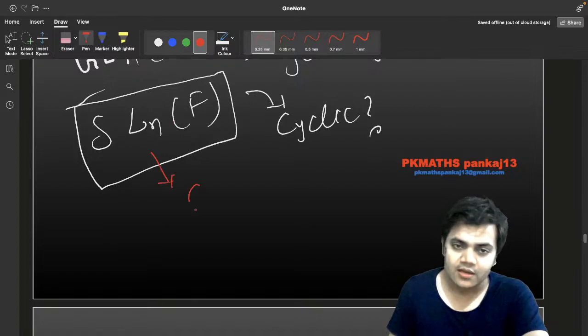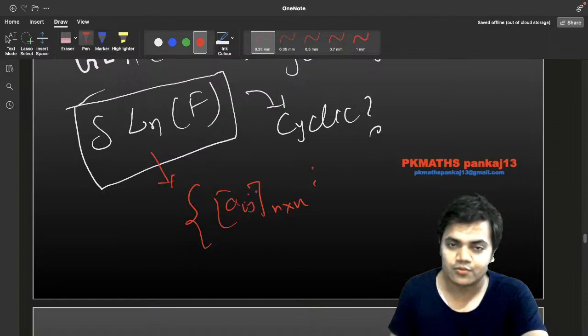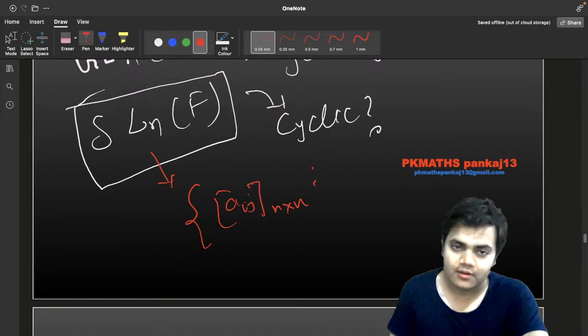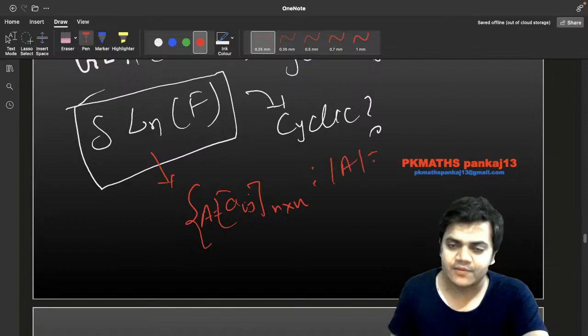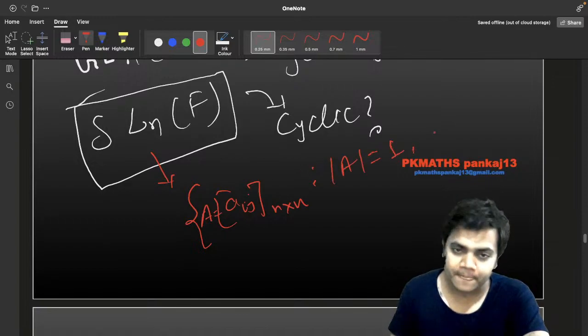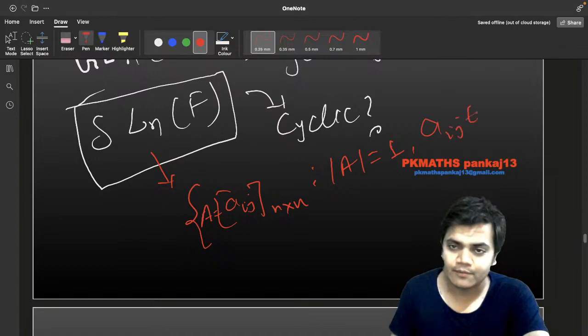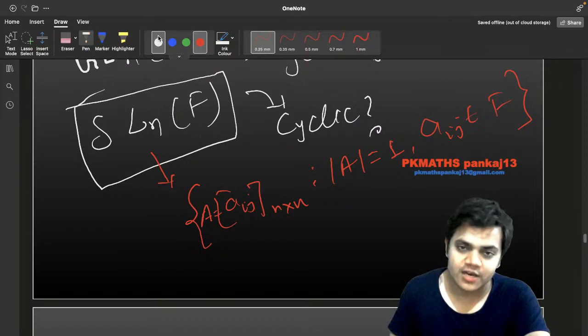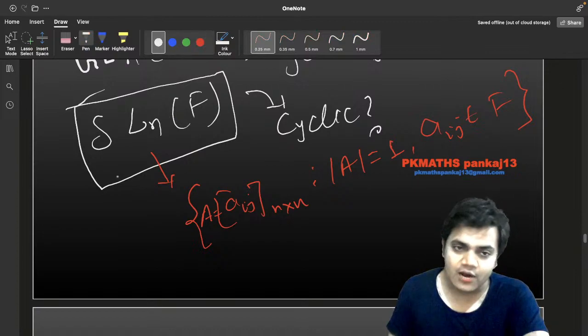SL_n(F) is a group of n by n matrices whose entries belong to F and whose determinant is 1. For example, if A represents a matrix, then the determinant of this matrix is 1, and this a_ij belongs to F. Then what would you like to say about this SL_n(F)?